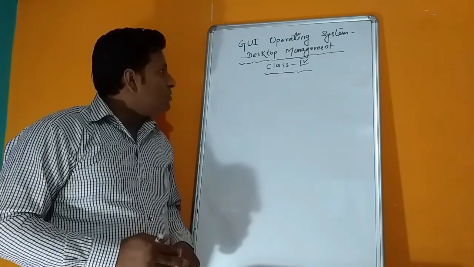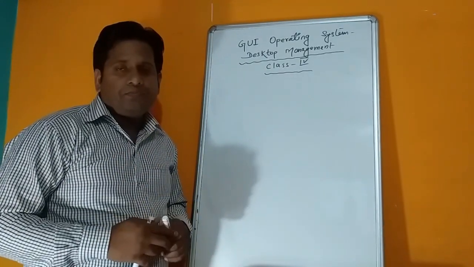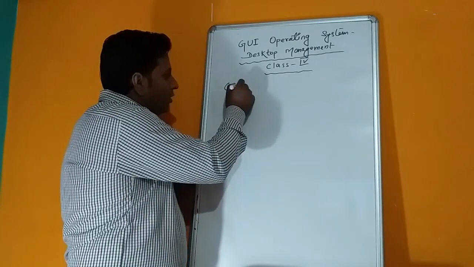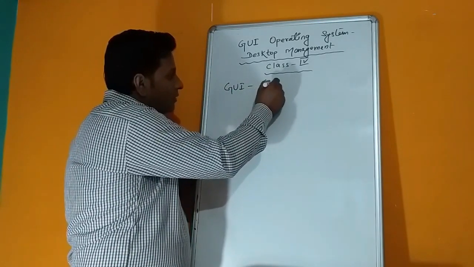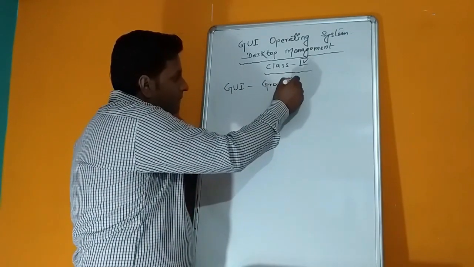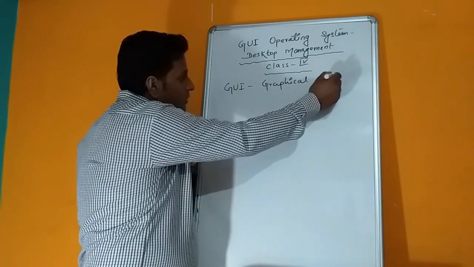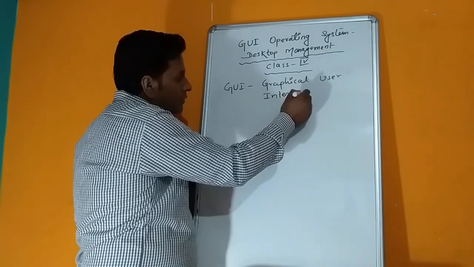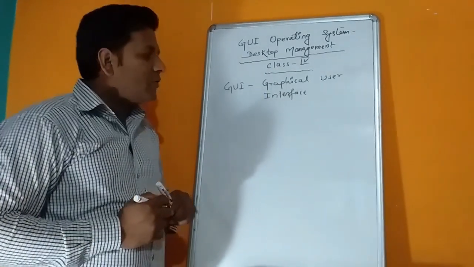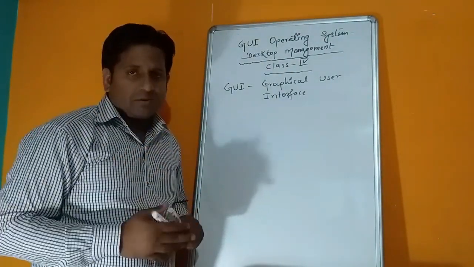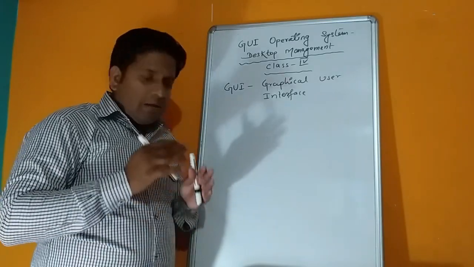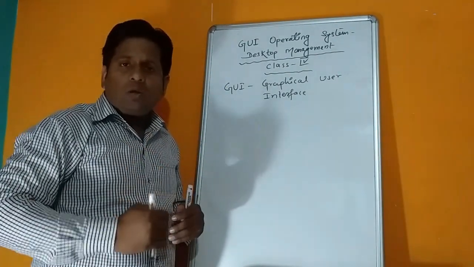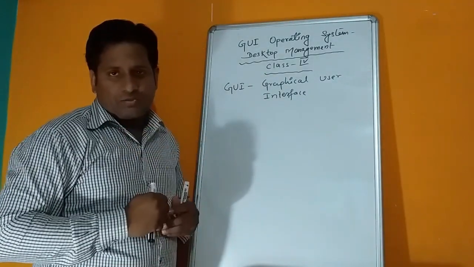First of all, let me tell you what is GUI. GUI stands for graphical user interface. It is a type of user interface, how the user and computer interact.